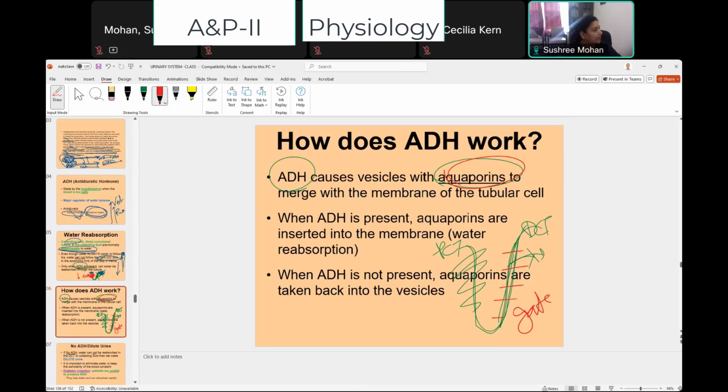Only when ADH is secreted, it's going to add aquaporins, inserted into the membrane, and then it is going to help the water to be reabsorbed, for the water to be taken back into the vesicles. So remember, water cannot escape over here and over here. Only when ADH is secreted, it's going to add some gates over here. Those gates are called aquaporins, and through those aquaporins, water can escape and be reabsorbed back into the system.